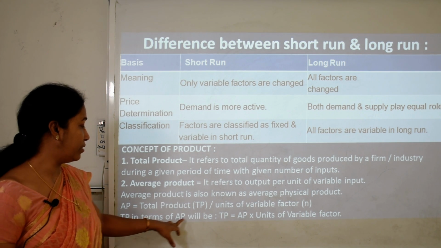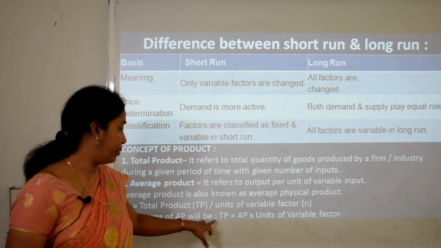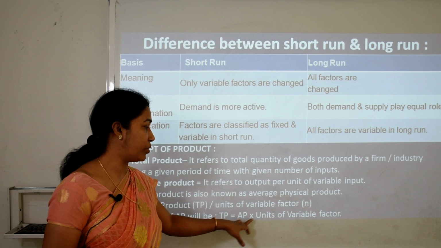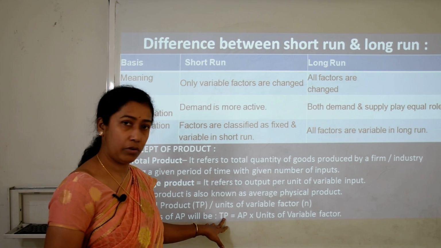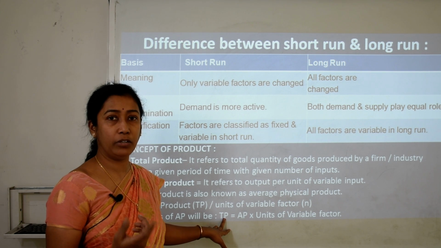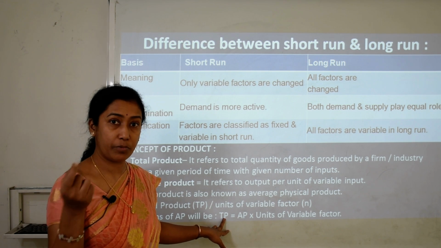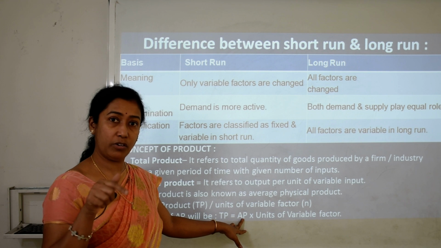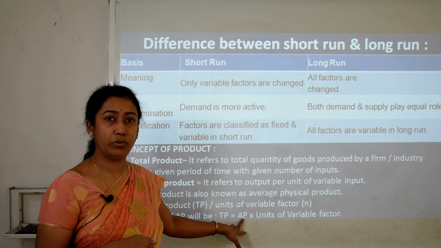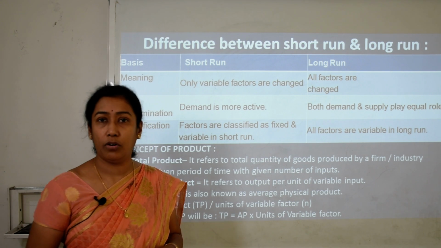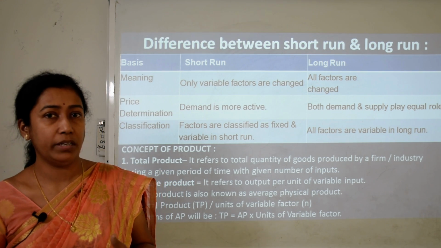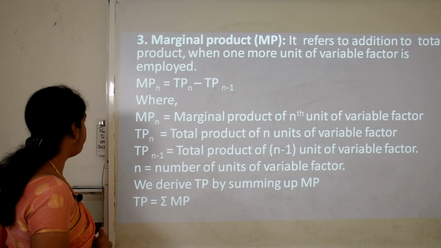Total product in terms of average product is total product equals average product times units of variable factor. So to find total product, we can either use the summation of all marginal products, or if we have average product, we can multiply it by the number of units of variable factor.